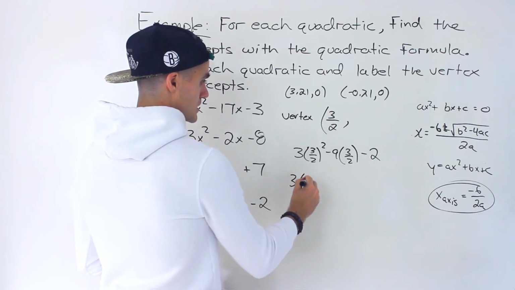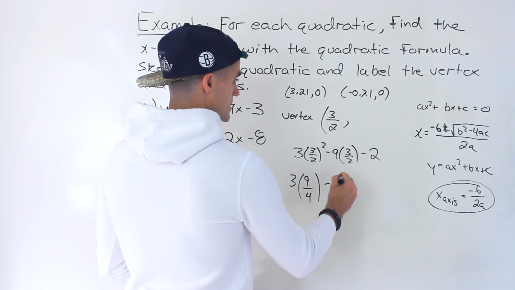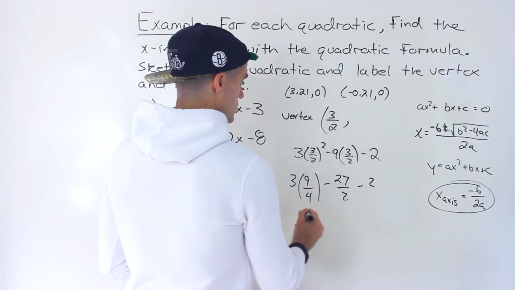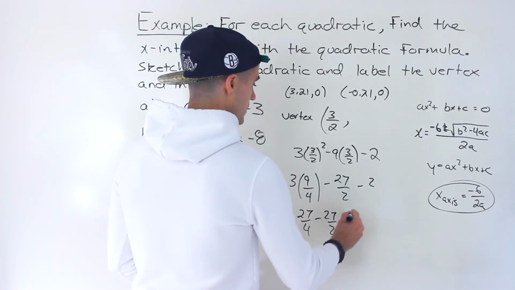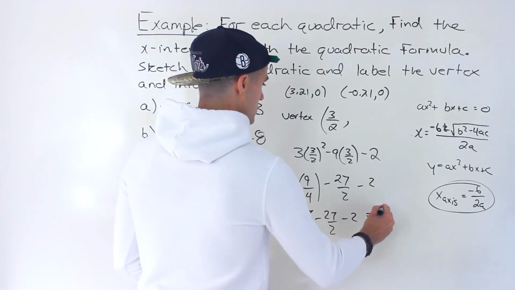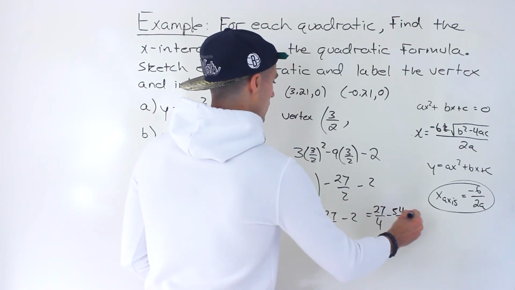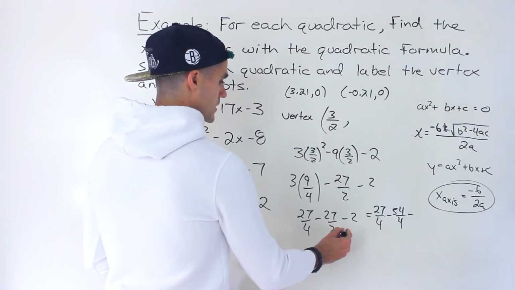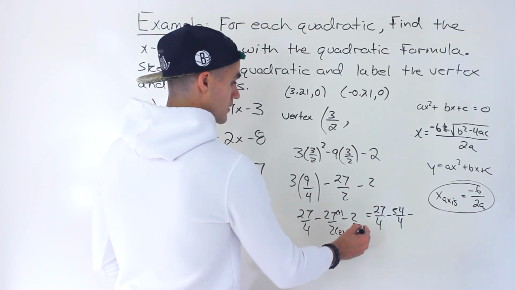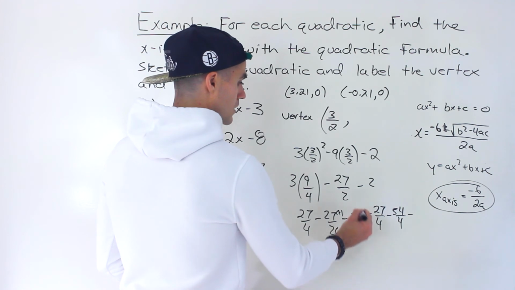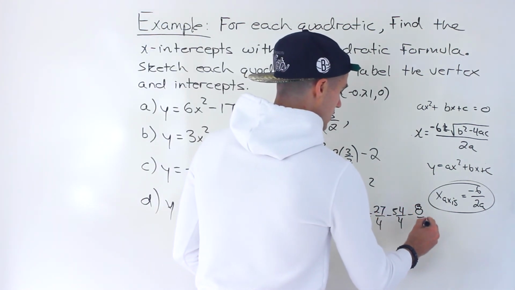So 3 to the power 2 is 9, 2 to the power 2 is 4, minus 27 over 2, minus 2. So this would be 27 over 4, minus 27 over 2, minus 2. So that would be 27 over 4, minus 54 over 4, if I multiply this by 2, multiply this by 2 to get a common denominator. And then if I multiply this by 4, this by 4 to get a common denominator, we'd have 8 over 4.